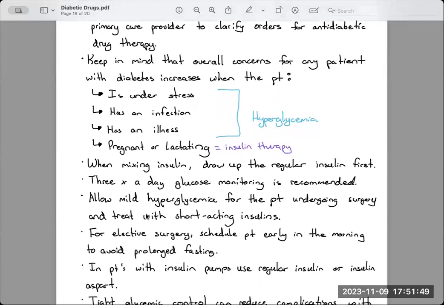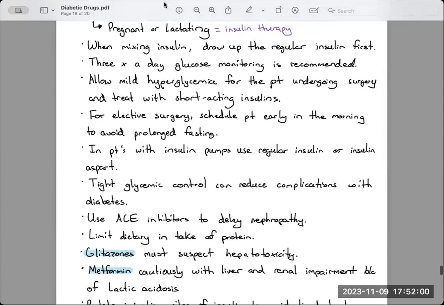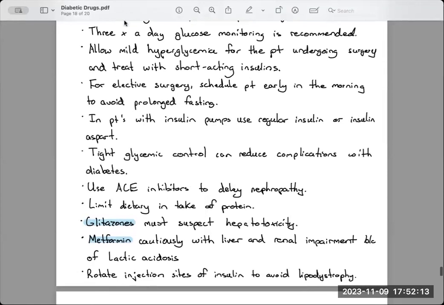Keep in mind that when a patient is under stress, or has an infection or an illness, they're at risk for a hyperglycemic crisis, and we do not stop insulin even if they're sick. When mixing insulins, we take the regular first, then the NPH. Three times a day, glucose monitoring is recommended for our diabetic patients. If they're having surgery, they should have it in the morning so that they don't have prolonged fasting, which is not good.